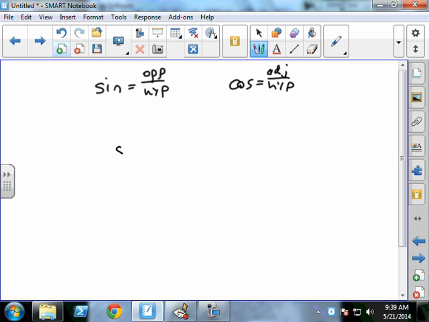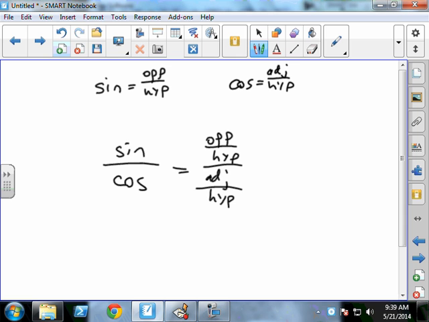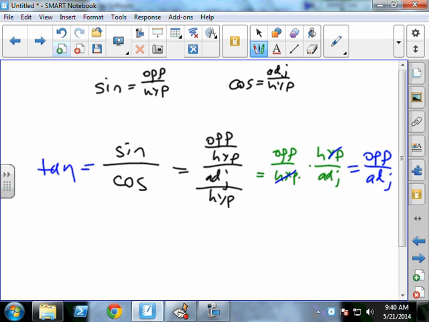So if we were to take the sine over the cosine, making some substitutions, that's the opposite over the hypotenuse, over the adjacent over the hypotenuse, so that's the opposite over the hypotenuse times the hypotenuse over the adjacent. The hypotenuses cancel, and it's the opposite over the adjacent.